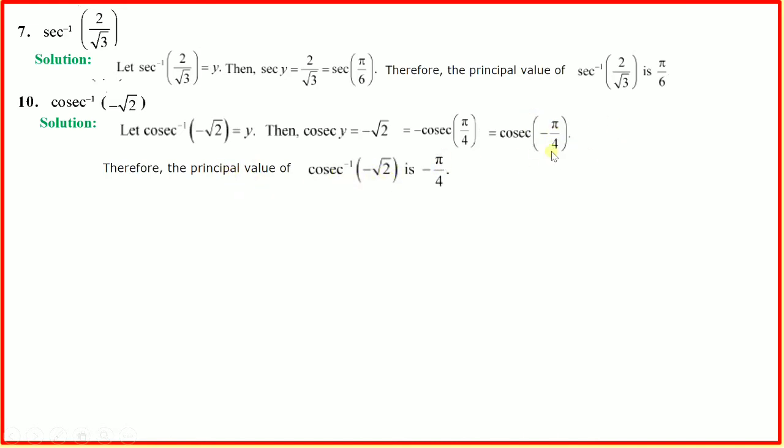You can remove the cosec and cosec, so y is equal to minus pi by 4, when this particular angle belongs to the principal branch from minus pi by 2 to plus pi by 2.